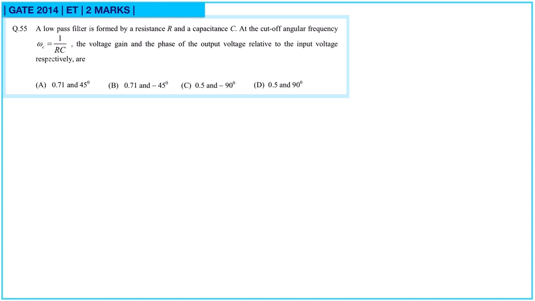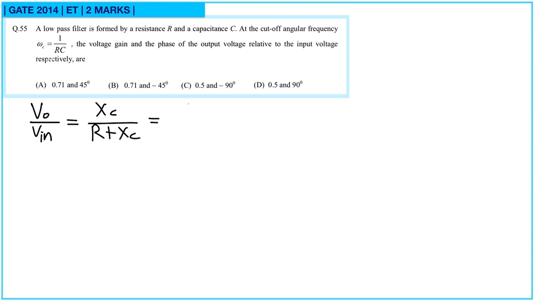Question 55. A low pass filter is formed by a resistance R and capacitor C. At the cutoff angular frequency omega c is equal to 1 upon RC, the voltage gain and the phase of the output voltage relative to the input voltage respectively will be. Now VO by Vin is equal to the voltage across the capacitor, so that will be equal to XC upon R plus XC.